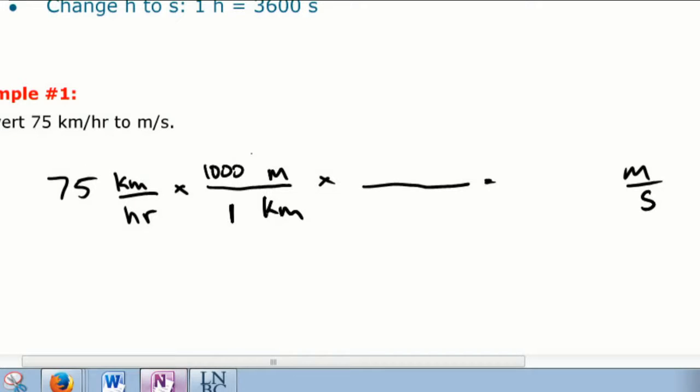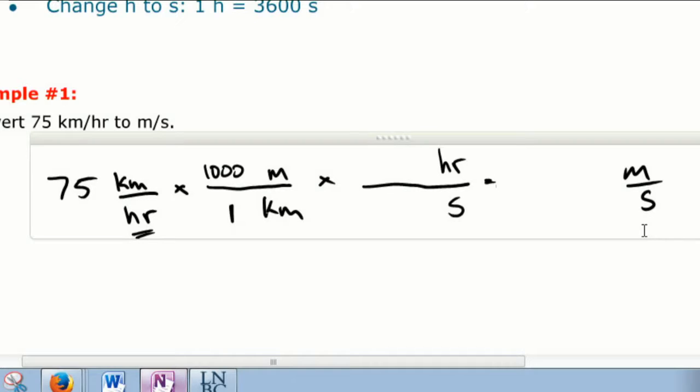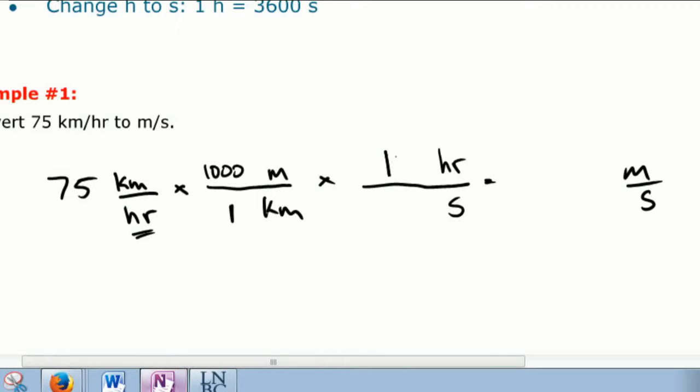The second part of my unit cancellation is I have units of hours on the bottom, and I want to get rid of hours, so I'm going to put it on the top. And I want to end up with seconds on the bottom, so I'm going to put seconds on the bottom. And the relationship between hours and seconds is 1 hour is 3,600 seconds.